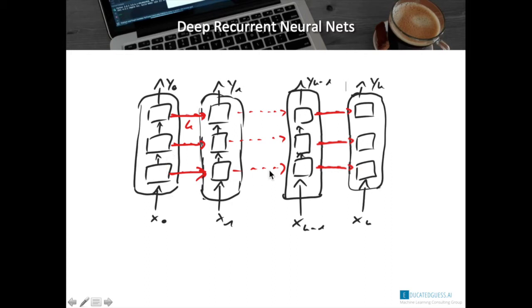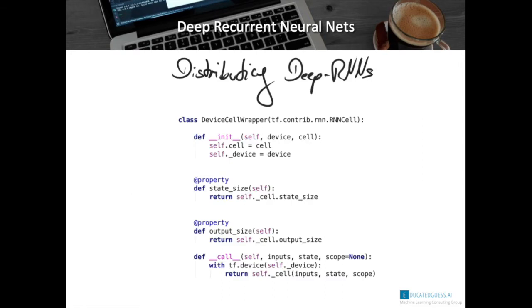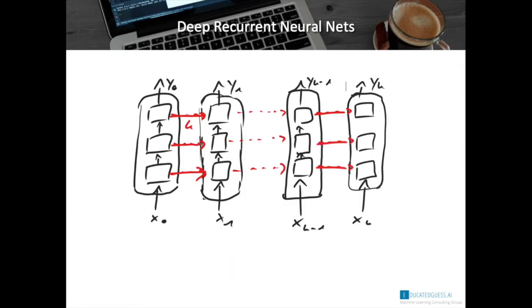So this is over time, and then over, say, a spatial dimension, we build cells to create per time step a deep structure of the recurrent neural network. As I mentioned, we're going to look into how to implement deep recurrent neural nets and specific cases and architectures in the next parts.